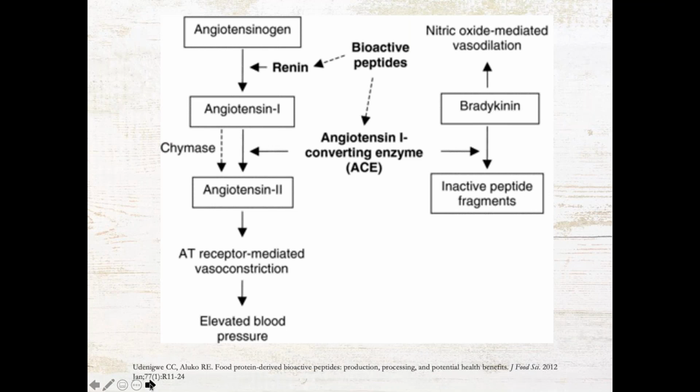So again, this is just one example. We know similarly that it can work as renin does. So there are multiple points in that pathway that ultimately lower a patient's blood pressure, and it can be a really important, critical part of helping patients with hypertension.